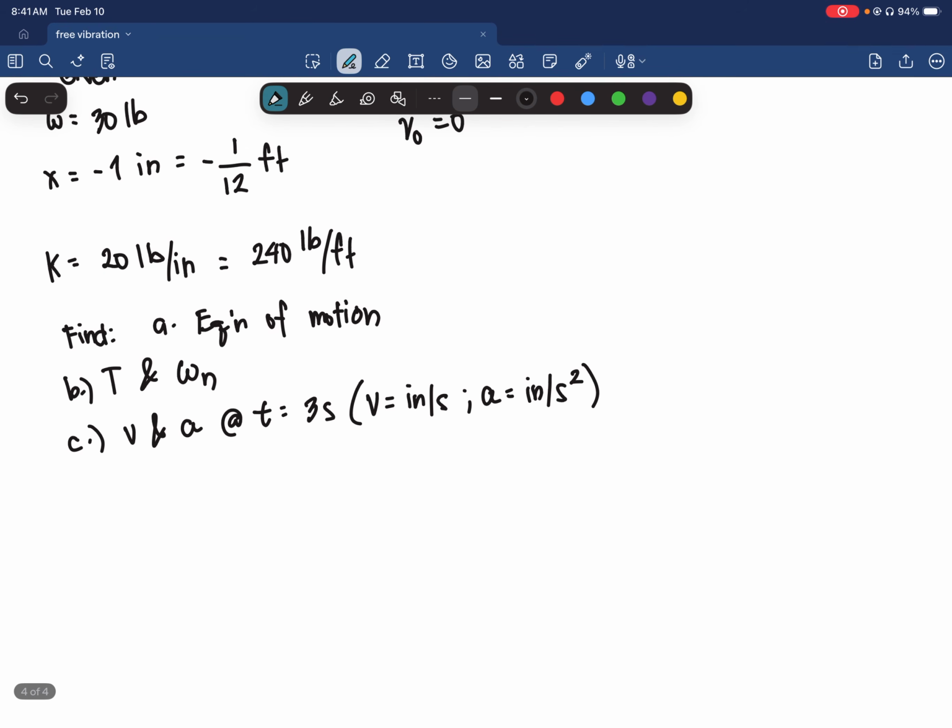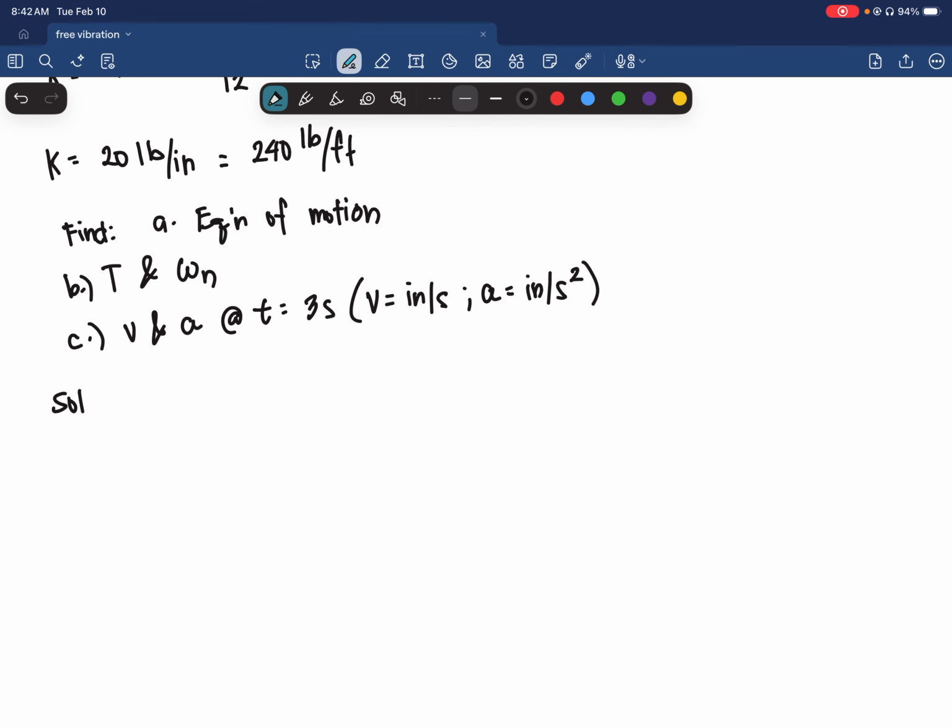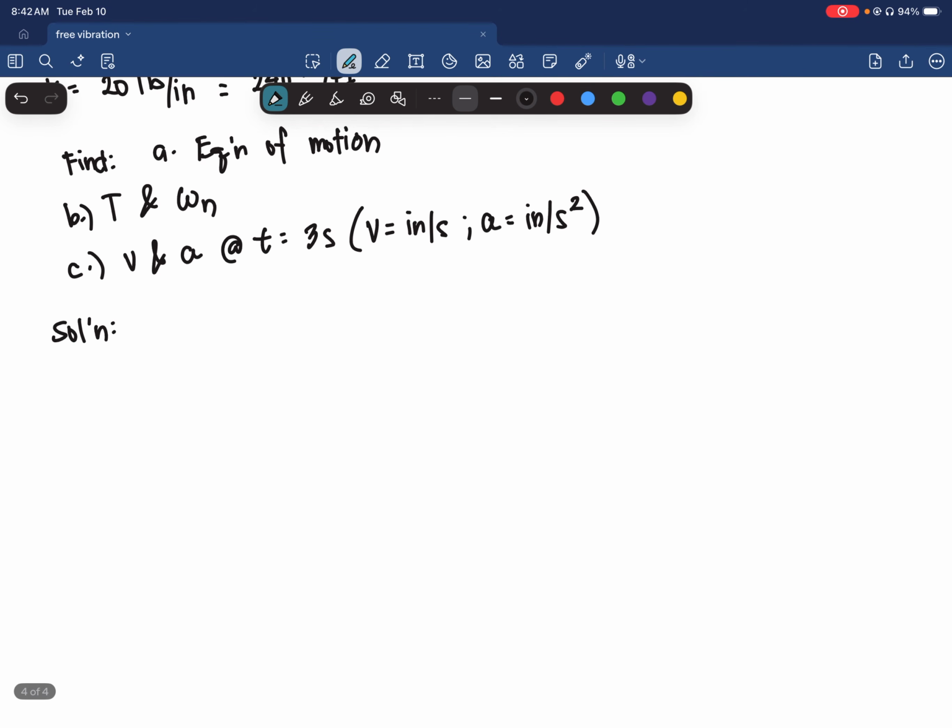Let's solve. So, first, we convert our weight. Mass equals weight divided by the gravitational constant, or the acceleration due to gravity. So, we have 30. Since weight, we treat it as a poundal.